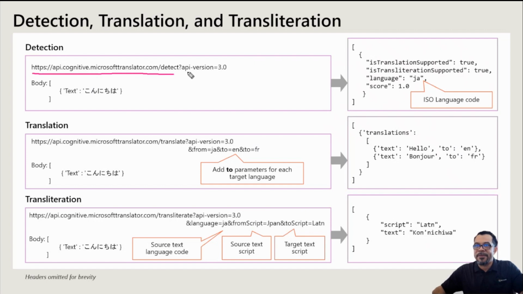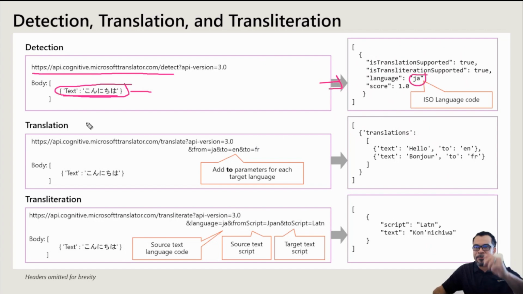We specify the API version, and then the text that we want to translate or transliterate. In this example, we're just doing a detection. This is the text that we're submitting into the model. And over here on the right, you can see it identified that as Japanese, or JA, which is of course the ISO 639-1 standard that we use for naming conventions.